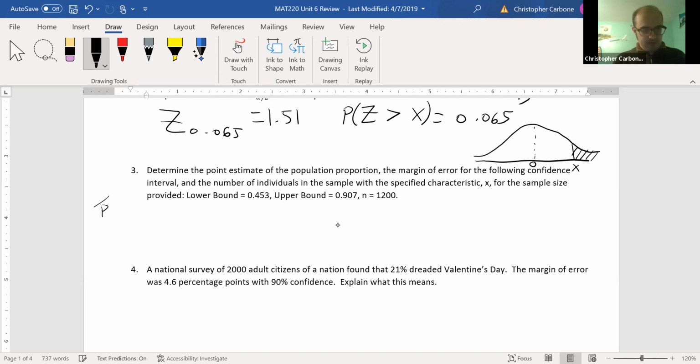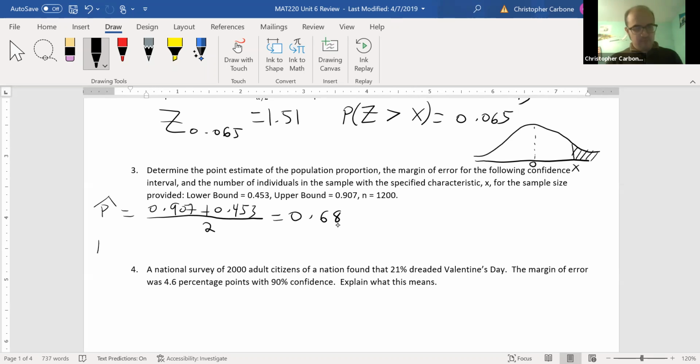So p hat here, we're going to average the two bounds, 0.907 plus 0.453 divided by 2. This would give us exactly 0.68.